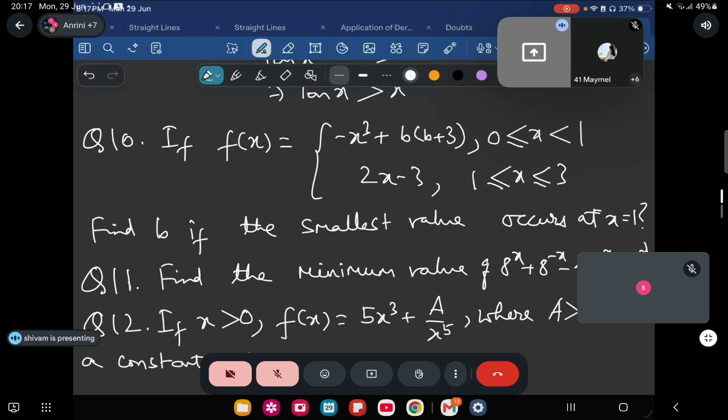Find the smallest a such that f of x is greater than or equal to 24 for all x greater than 0.